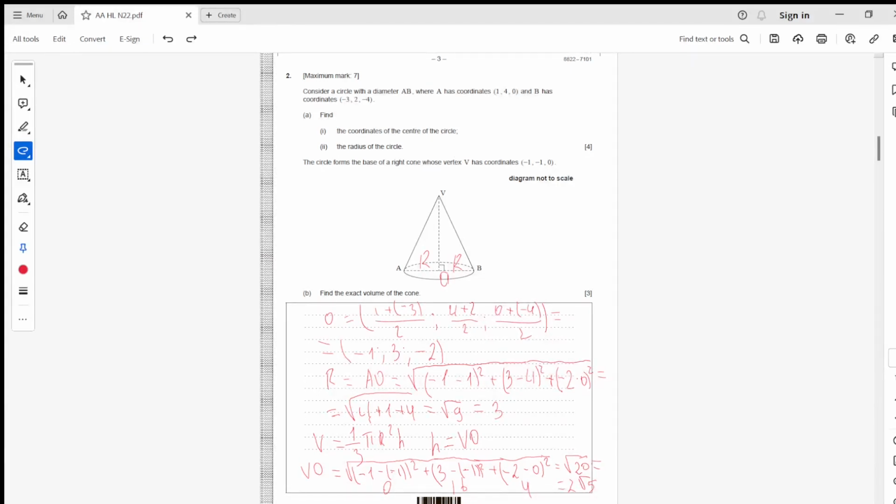And then the volume equals 1 over 3 pi times 3 squared times 2 square root of 5. This cancels out, and we get 6 square root of 5 times pi as our answer.